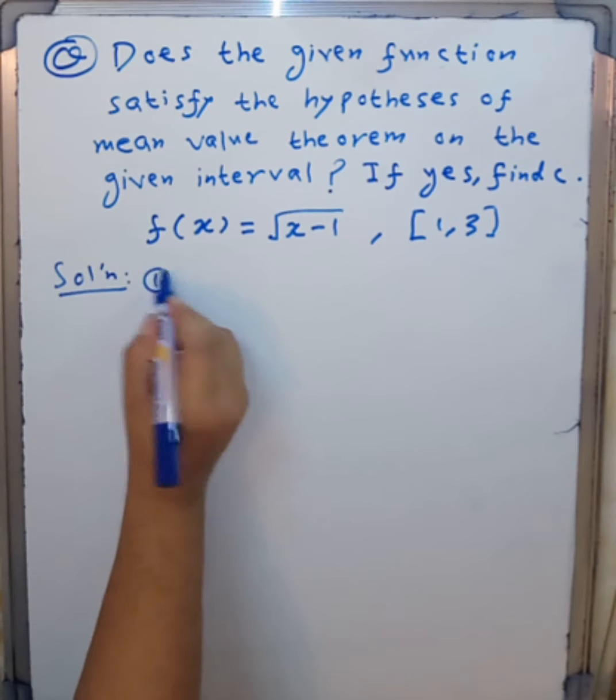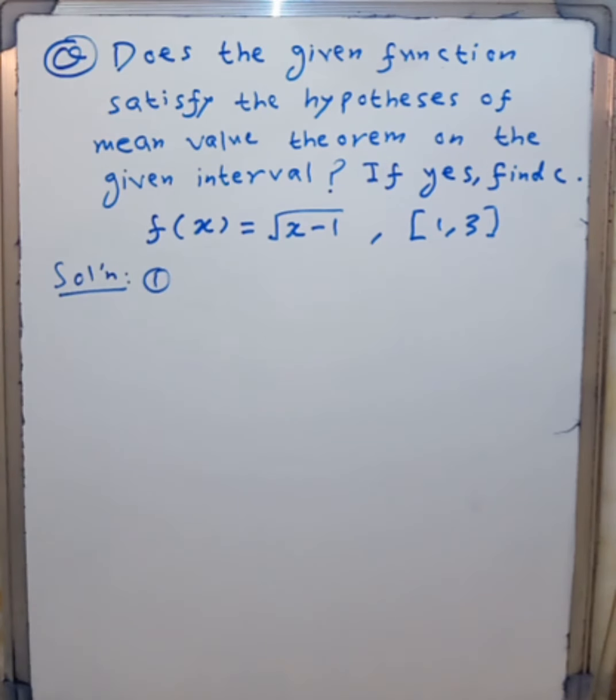First we will discuss condition number 1, that is, the function f(x) should be continuous on the closed interval [a, b]. Here the function is square root of x minus 1 and the interval is closed interval [1, 3].